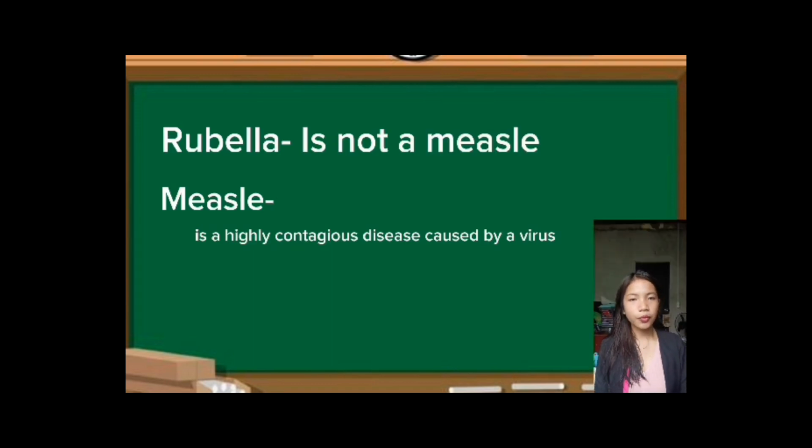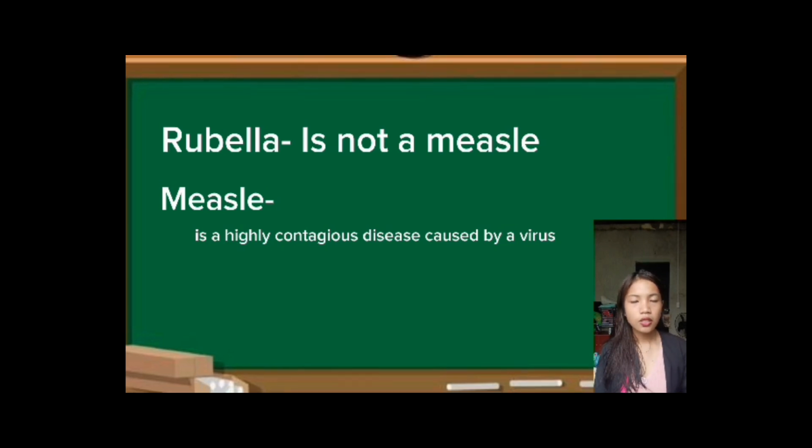Rubella is not measles. Measles is a very dangerous virus, but rubella, on the other hand, is a mild disease. Measles can leave dark or brown spots on your body, but rubella doesn't.